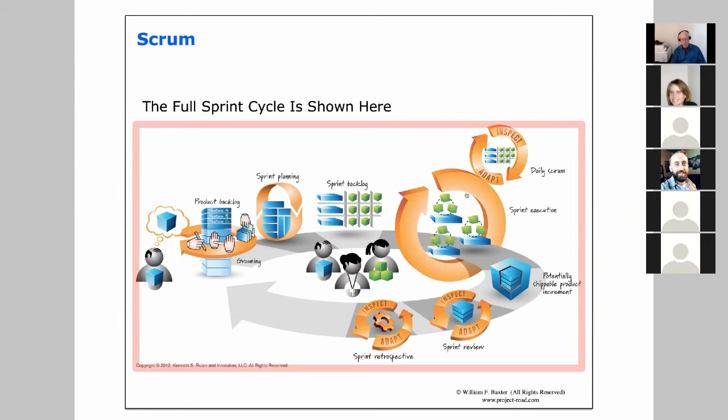Say it's 2 weeks, and so we're doing that work, and the goal is at the output, we're going to get some potentially shippable product increment. So we need to define up front what it is we're hoping to get out of the sprint. And then what we're going to do is we're going to have a sprint review where we review that piece of work with the client, with the product owner, and with other representatives of the client.